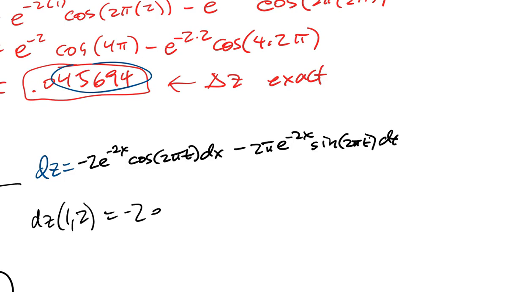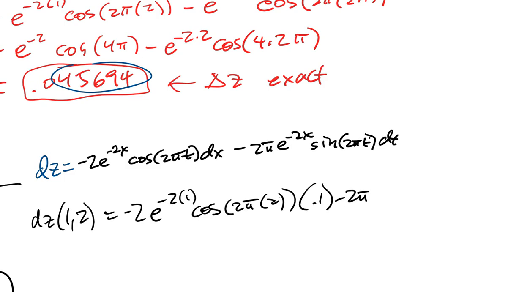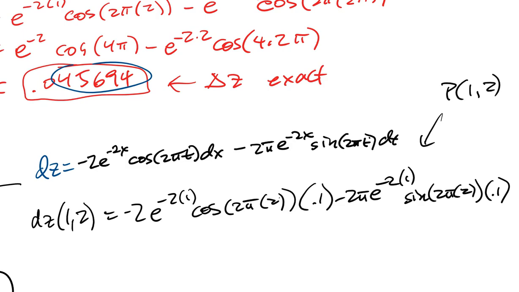So this is negative 2 e to the negative 2 times 1, cosine of 2 pi times 2. Now dx was 0.1, so this is all times 0.1, minus 2 pi e to the negative 2 times 1 sine of 2 pi times 2, and dt was 0.1 also. So I've plugged in my point P (1, 2). I don't have to worry about Q because Q is in here. It's the difference.